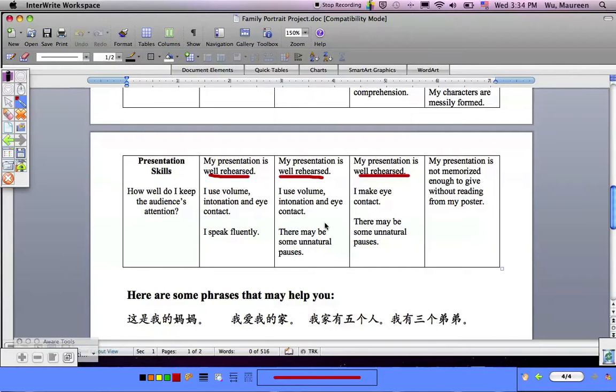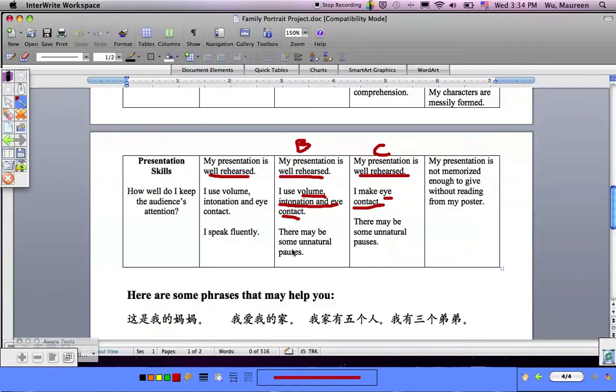Then, in presentation skills, the very minimum to meet expectations, and this category over here is like a C, is that you make eye contact. If you use volume, intonation, and eye contact, means you're loud enough for us to hear you, and you speak with expression, and you have eye contact, that's getting you in the B category.